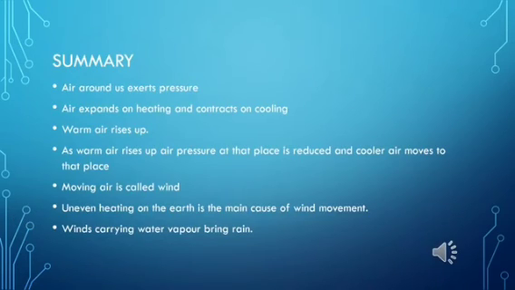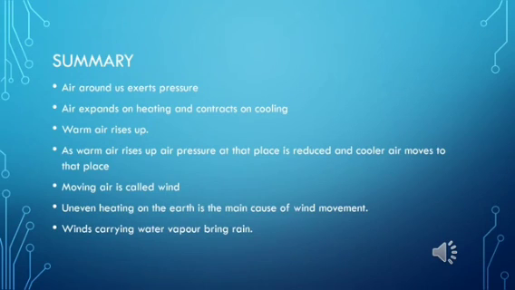Now let us summarize the important points that we have understood in this lesson. The first point, air around us exerts pressure. Air expands on heating and contracts on cooling. Warm air rises up. As warm air rises up, air pressure at that place is reduced and cooler air moves to that place.